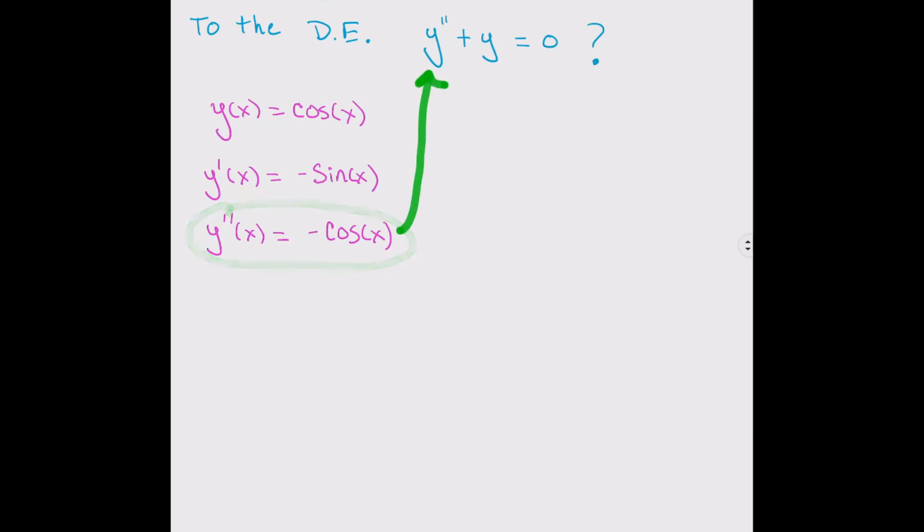I get y second derivative plus y, which is equal to minus cosine of x plus cosine of x.